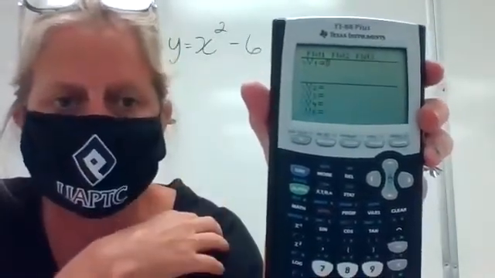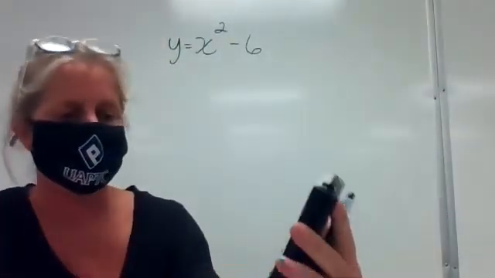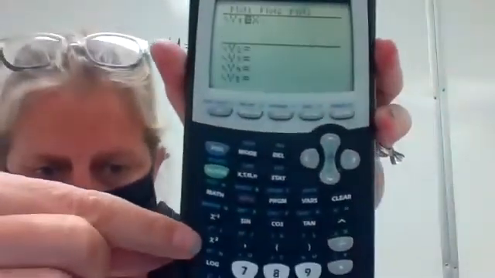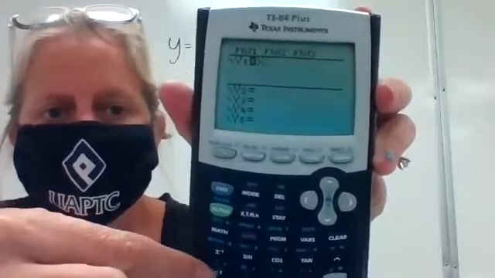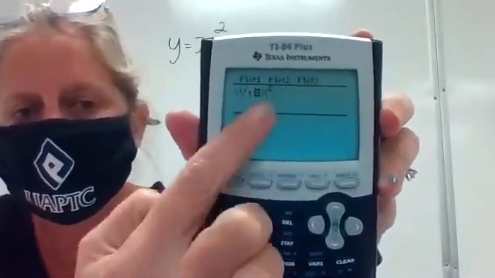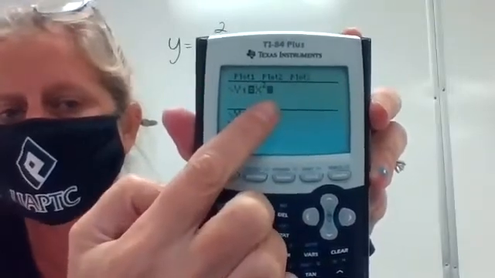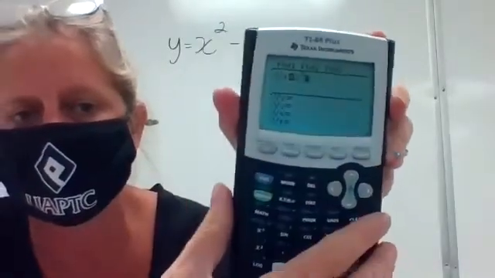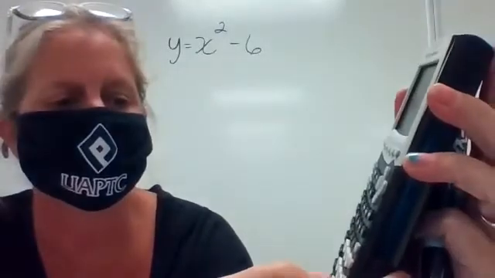X squared minus 6. So x, and remember x squared does have its own button. You got to hit the x first and then that. The only thing that's nice about that is once you hit it, it comes back down to where you want to be instead of staying up in the exponent. So minus 6.